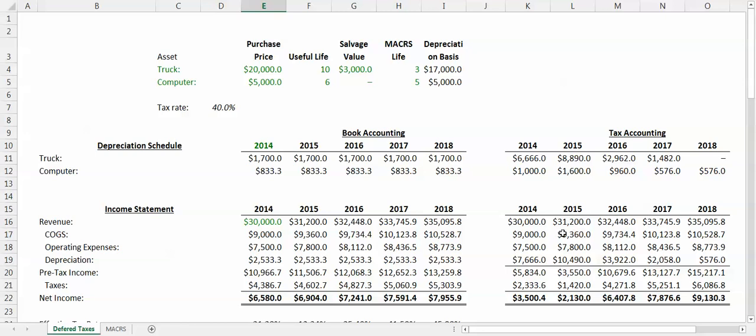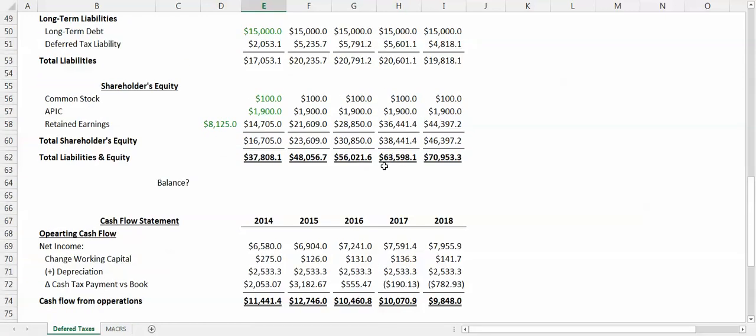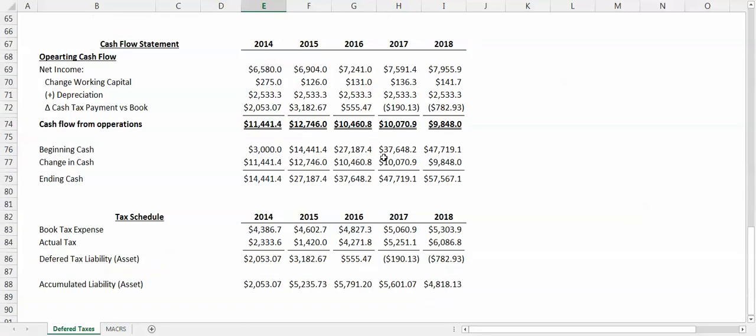Now, the key here is for the valuation side of this. For valuation purposes, we essentially are always concerned about cash flows. And as you can see here, we have a pretty substantial cash flow add back to our operating cash flow from the changes in deferred tax liabilities, deferred tax assets. Again, here I have it titled as change in, or the delta, the difference between tax payments versus book. That's to help you understand it better. The actual title might be different on a cash flow statement.